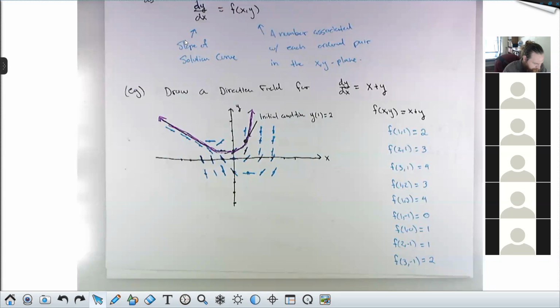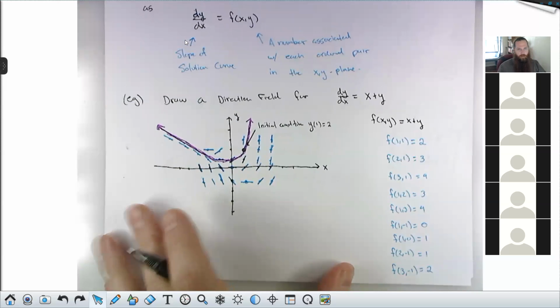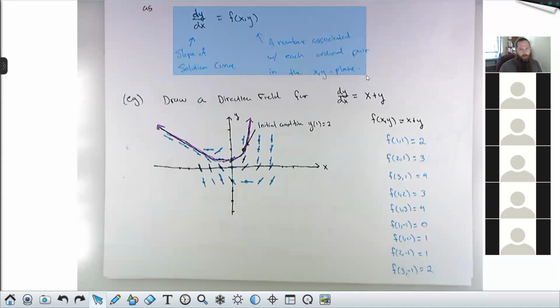The other thing that I was thinking about sharing with you today is the general approach for solving first order linear equations. So I'm going to do that briefly, but we're going to go back over that in more detail on Monday. Any questions on what we did with this example, how we did it, or what this interpretation means?